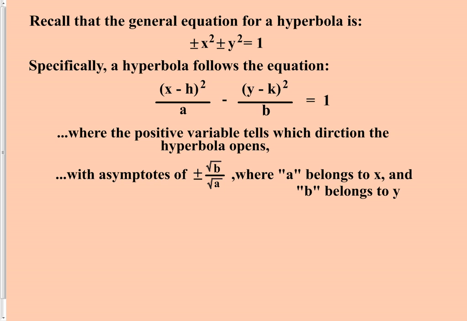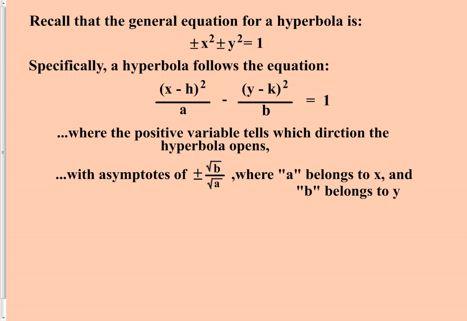Now this ratio that you're looking at there, the square root of b over the square root of a, this is, believe it or not, slope. Remember slope is, of course, the difference of the y values over the difference of the x values, or to put it back in junior high school terms, rise over run. Information about y goes in the numerator, information about x goes in the denominator. Well, look where we got the b from.